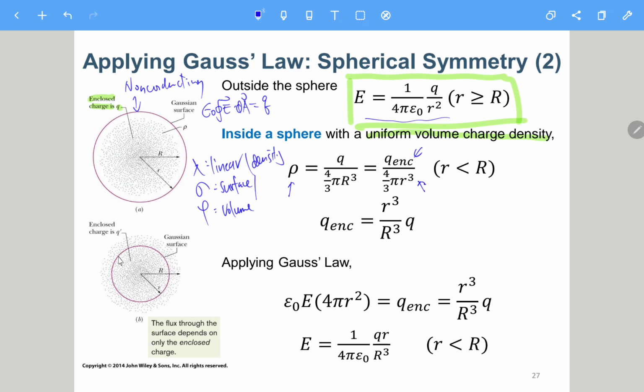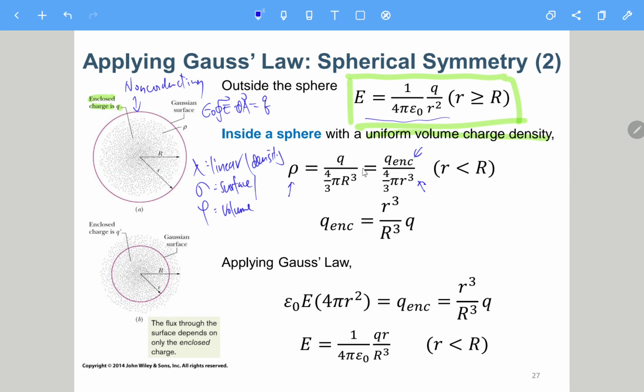So we have Q enclosed over 4/3 pi r cubed, where this is small r cubed and this is capital R cubed for the whole sphere. We get this expression because the volume charge density is uniform. Later on we have an additional example where the charge density is not uniform, and there will be some crazy mathematics there.